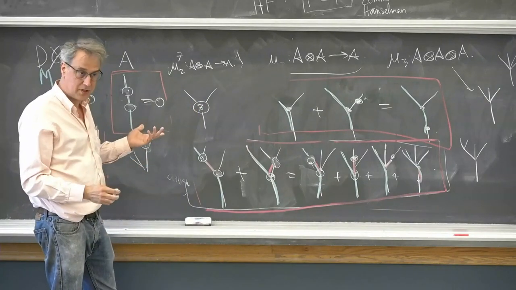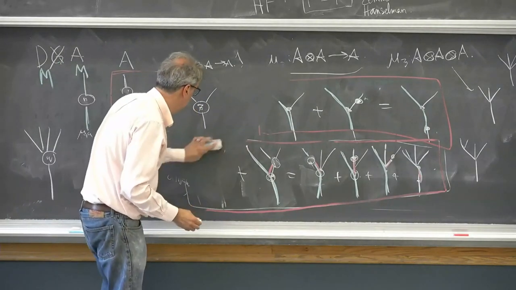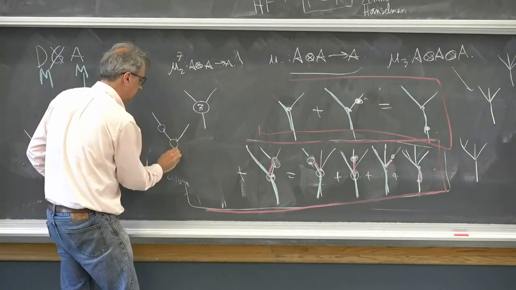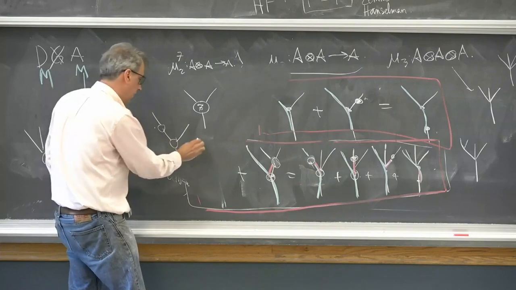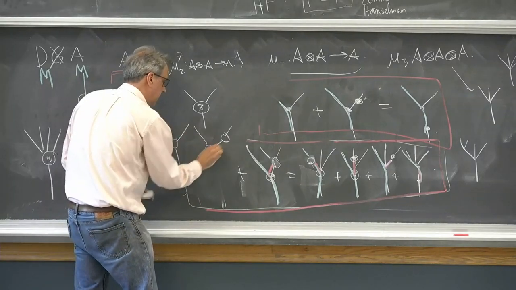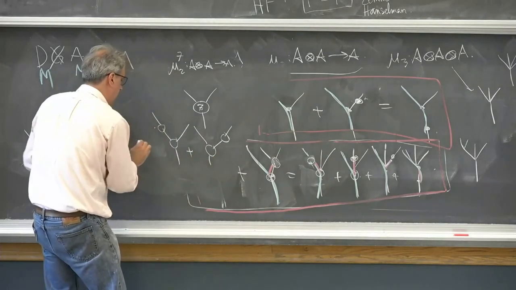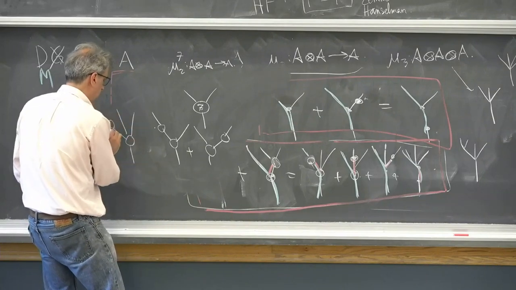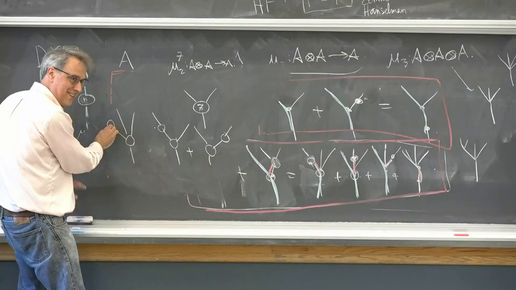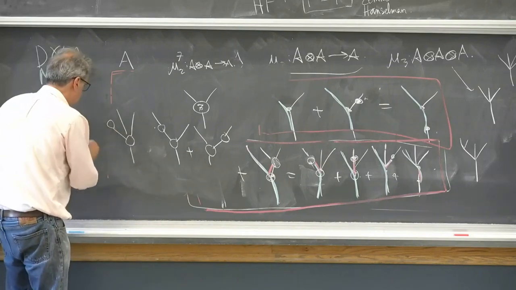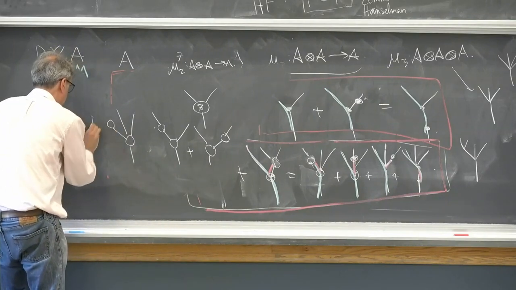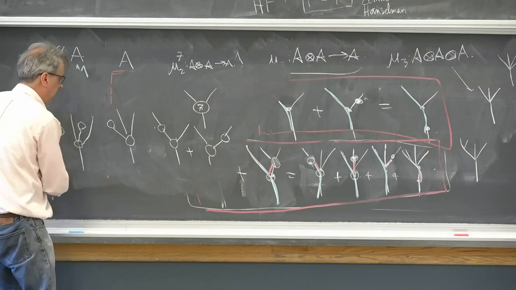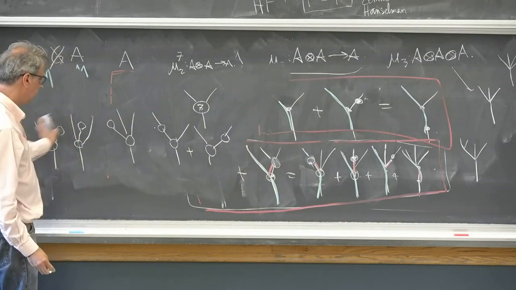And the A-infinity relation now looks like all the different ways you can split 7 into here, all the different ways you can split 7 into here, and all the different ways you can bubble off and split 7 over here. It's a sum of these.